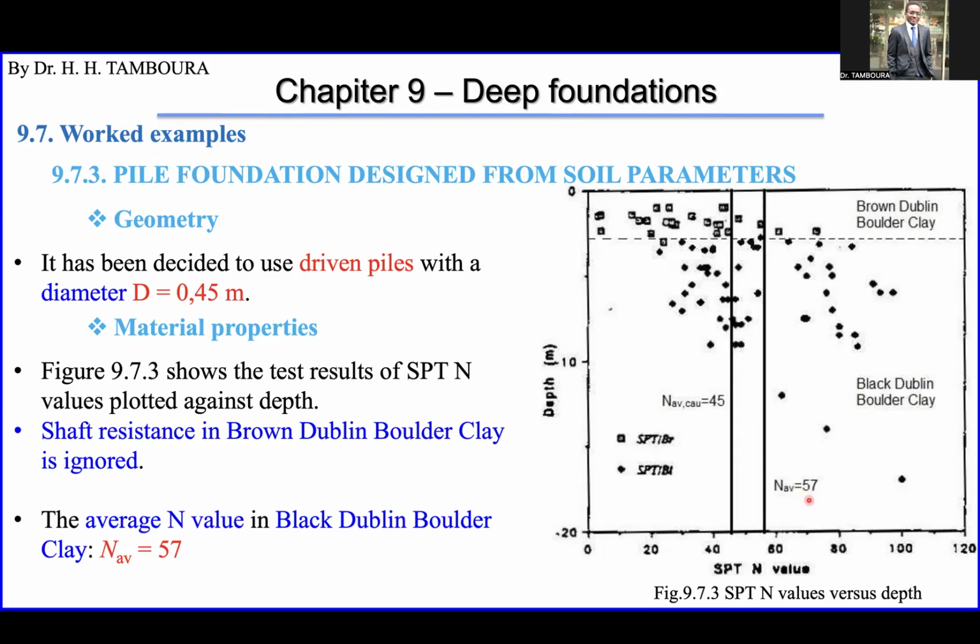We will do the process average, as we did last time with the CPT result, reducing it. The normal average is 57, but we will take 45, to make sure that we are on the safe side. From now on, we will consider only this value for our design.